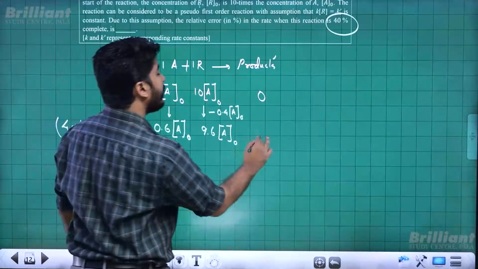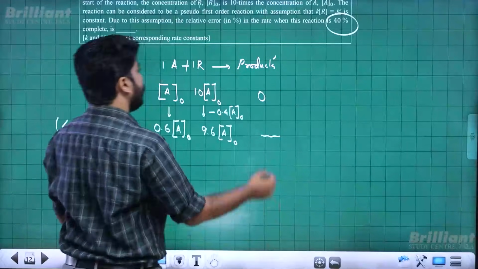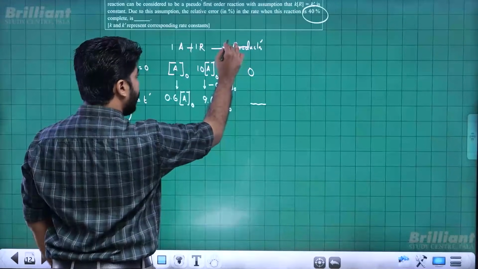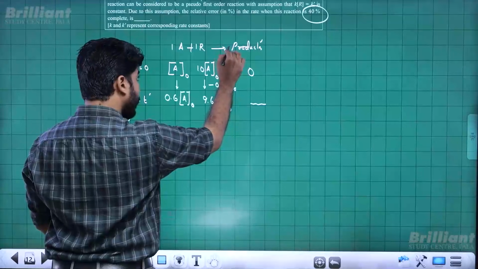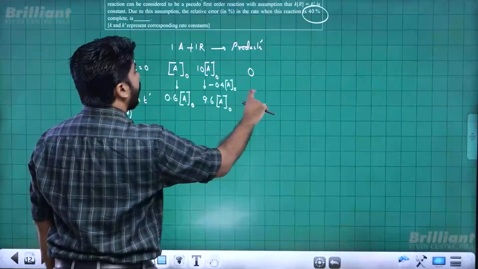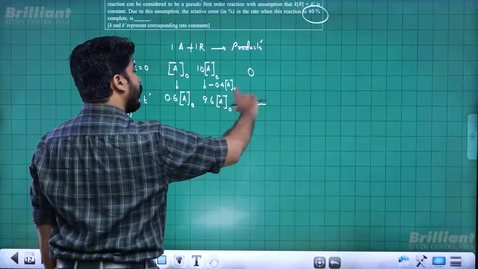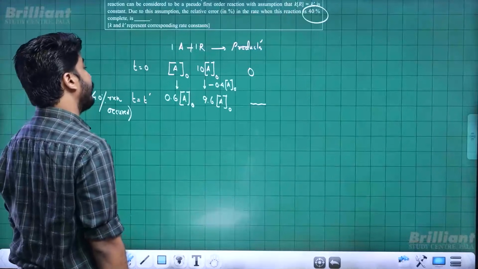And some amount of product has been formed. If this is one product, if the coefficient is 1, we can say exactly that this is 0.4 A0 strictly from stoichiometry.